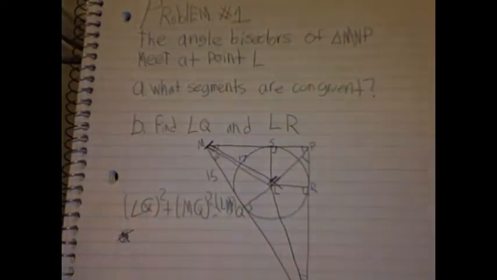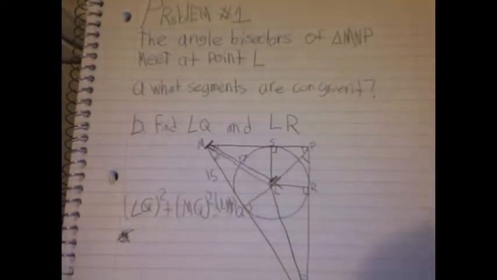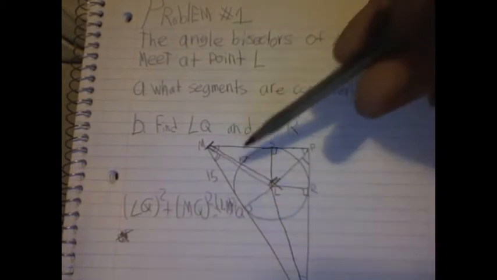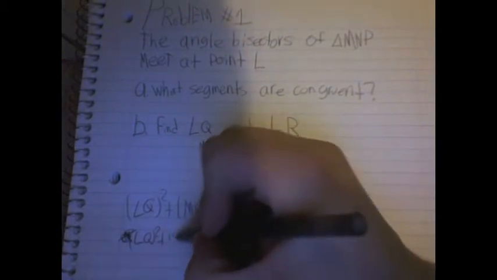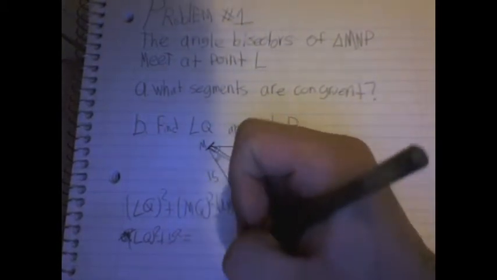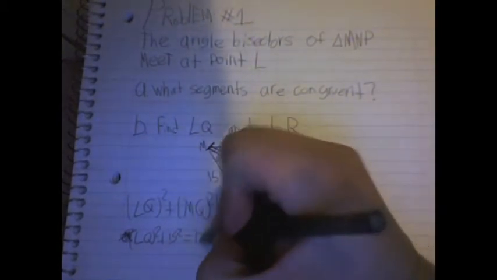Then next you substitute in the numbers 17 and 15. Since LM is 17, it goes here, and since MQ is 15, it goes here. So it would be LQ squared plus 15 squared equals 17 squared.